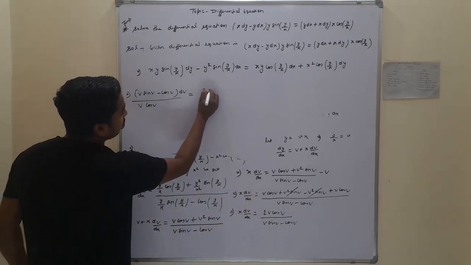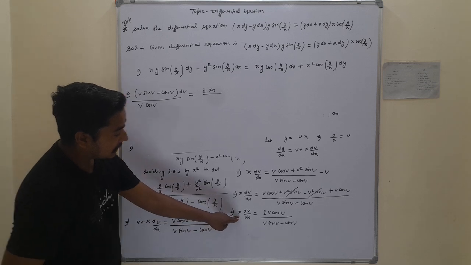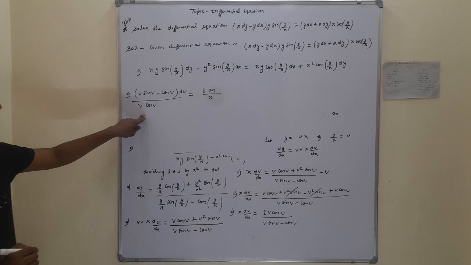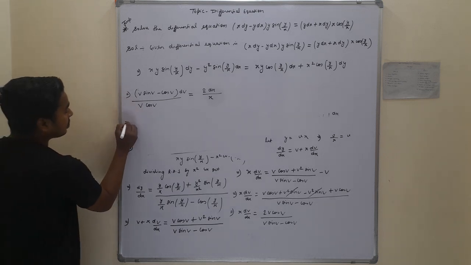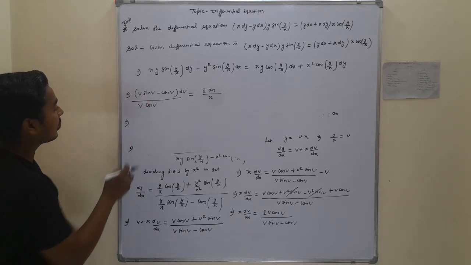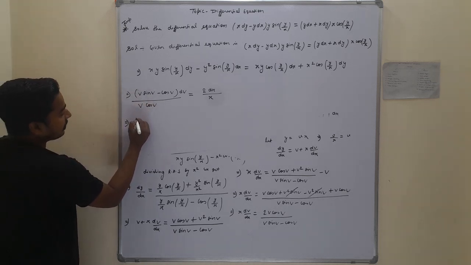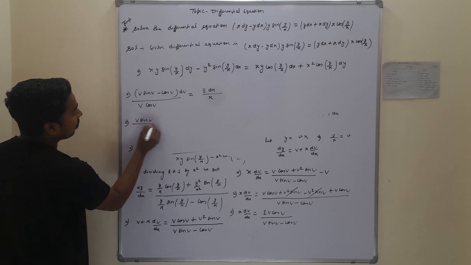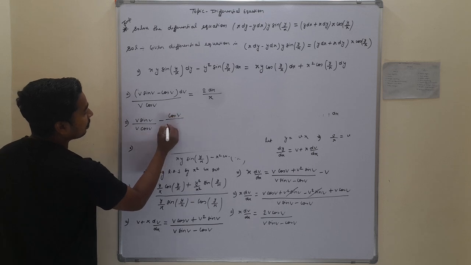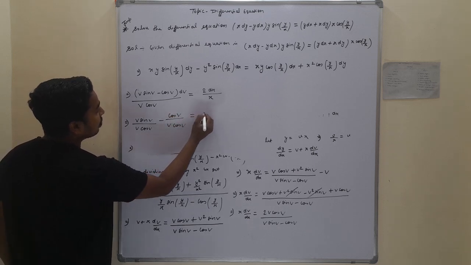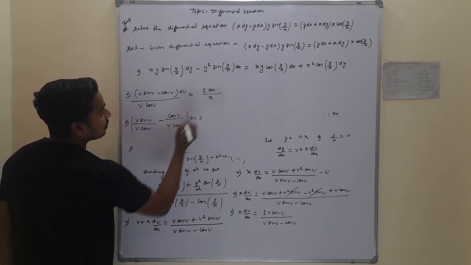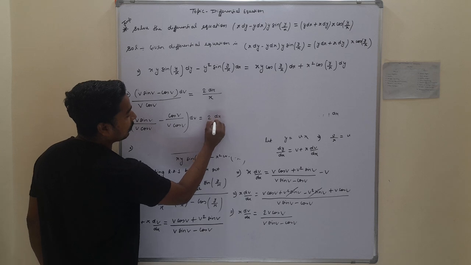This gives 2 dx, and x is taken to the denominator of 2. This gives 2 dx upon x. And further we can also write v sin v minus cos v, taking denominator v sin v upon v cos v, and minus cos v upon v cos v, dv is equal to 2 dx upon x.